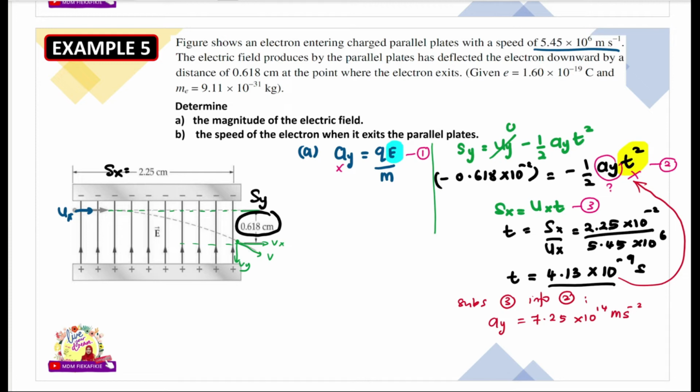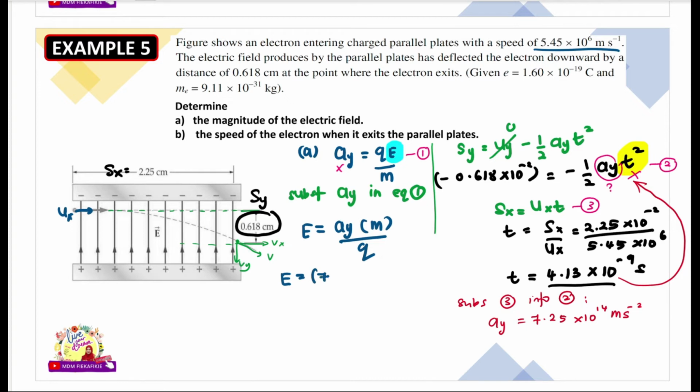Okay, so bila dah dapat AY, therefore we can substitute AY in equation number 1. Bolehlah masukkan. So AY kita tahu, kita nak cari E sekarang, soalan tanya. So AY darab dengan mass bahagi dengan charge.